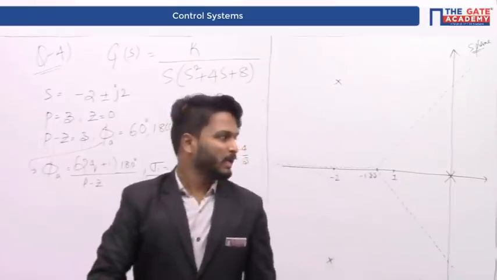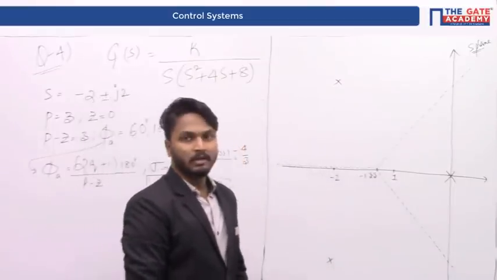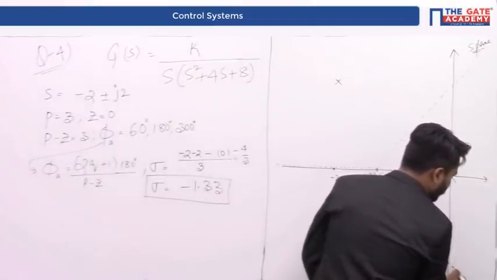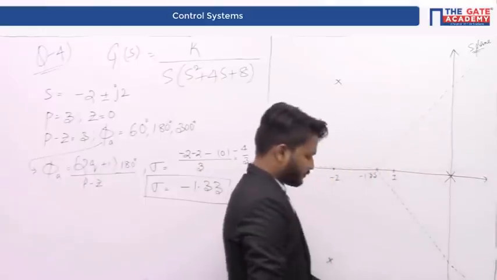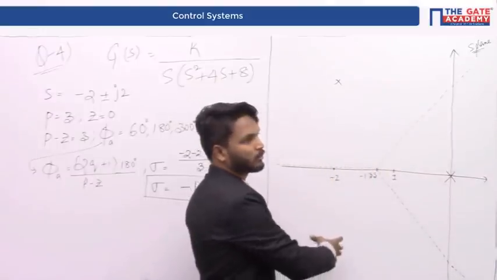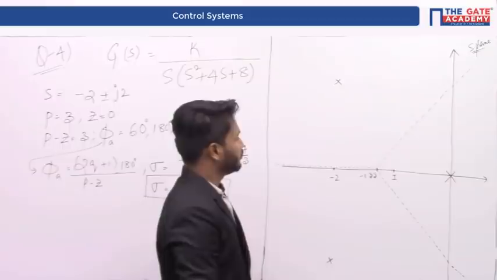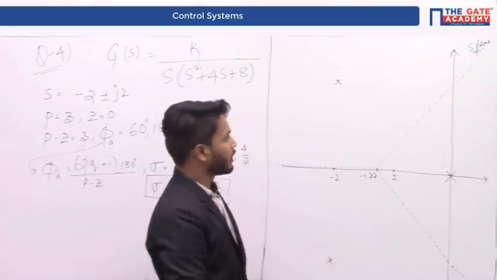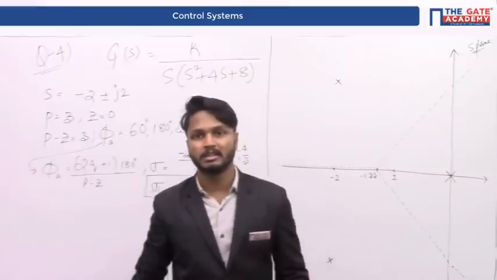Therefore, upon increasing the open loop gain K, we need to know how the roots are moving. So in order to know this, since we have a complex set of roots, we need to find out the angle of departure. So how to find out the angle of departure? We'll see the procedure here.